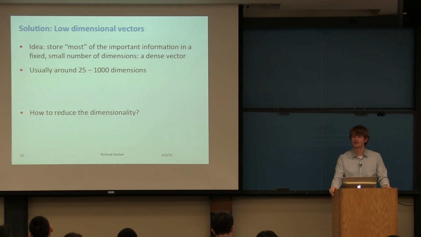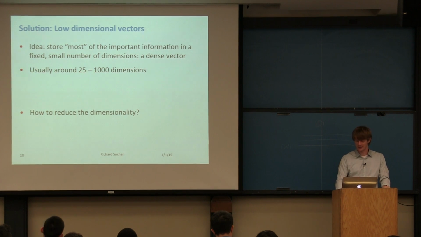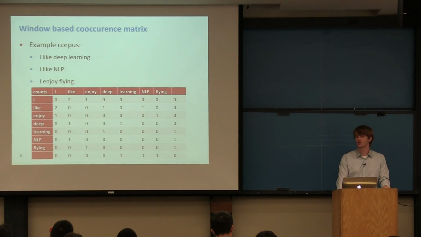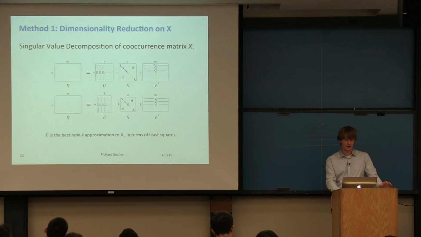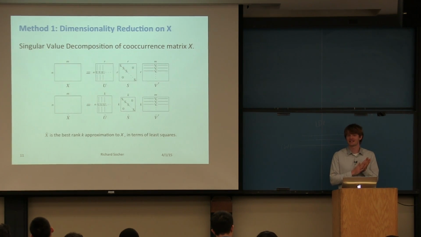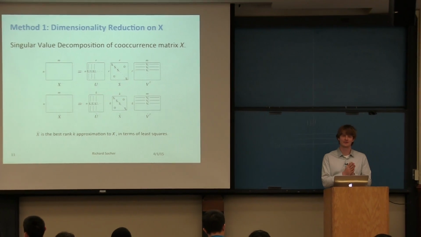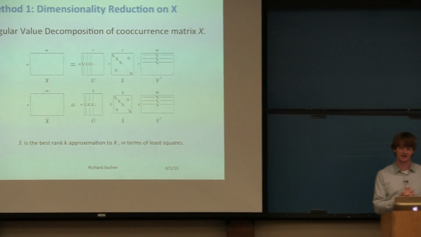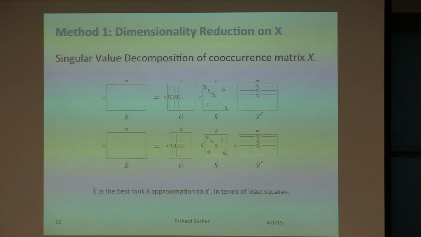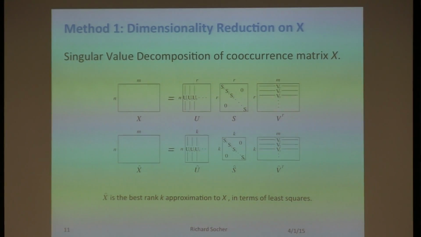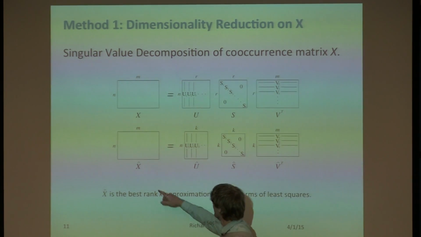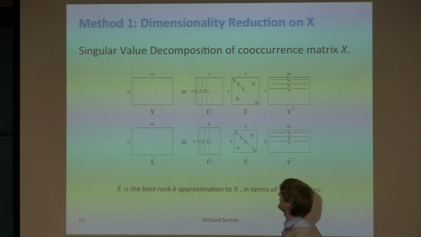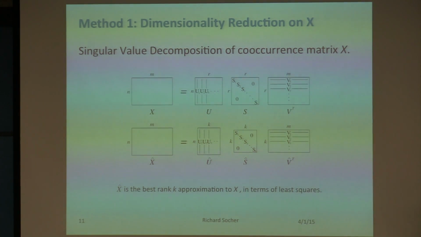So that leads us to the question, how should we reduce the dimensionality from having this large co-occurrence matrix to smaller dimensional vectors? And fortunately, in the last lecture, most of you raised your hand when I asked who knows singular value decomposition, or SVD. And that is essentially the technique that we can use here. So again, we can represent the original co-occurrence matrix and find a best rank K approximation to that, in terms of least squares, using SVD.